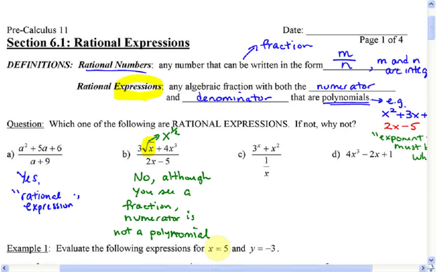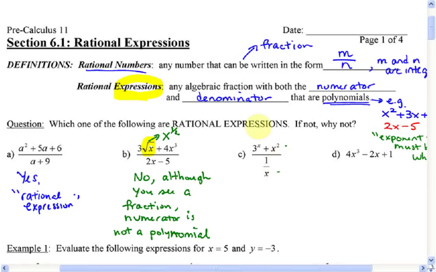Okay, let's think about part C for those of you who are ready. The question is, is it a rational expression, yes or no? How many say yes? How many say no? How many don't know? Is it a fraction? Yes, I see numerator, denominator. Is the numerator a polynomial?